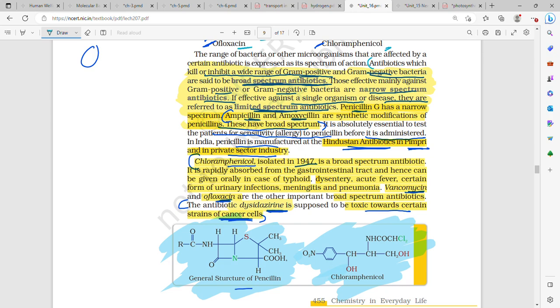Now, penicillin G is narrow spectrum, but ampicillin and amoxicillin, which are synthetic modifications of penicillin, are broad-spectrum antibiotics.